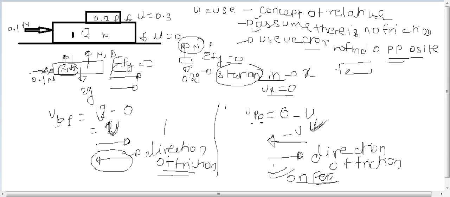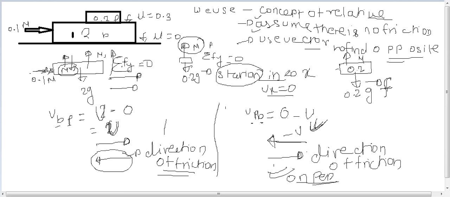So this is 0.2, so this is 0.2 g. Okay, this is the N. Who has applied this N? You should know it. And this is the direction of friction, F.